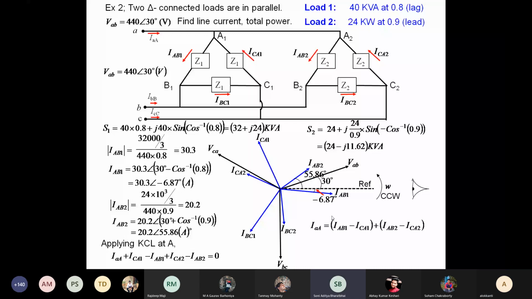Sir, 75.25 angle minus 12.46 degrees. Yes, angle minus 12.46. I'm getting 47.53. Check, I am getting this.